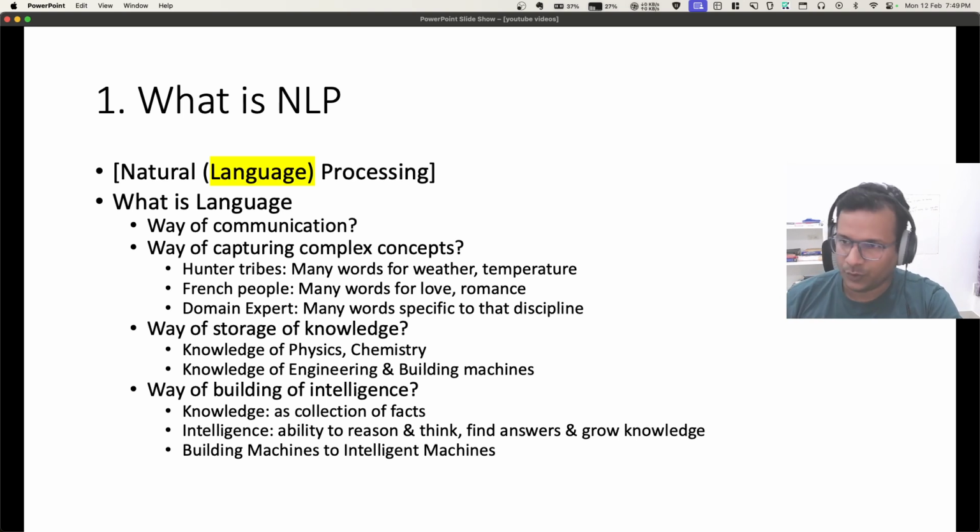Language is a way of communication. But it's not just that. Think a bit further. Animals also communicate. Dogs communicate, cats communicate, birds communicate, even fishes and dolphins communicate. So, if we just define language as communication, it doesn't do justice to it. If the language is simplistic, the things you can communicate are limited.